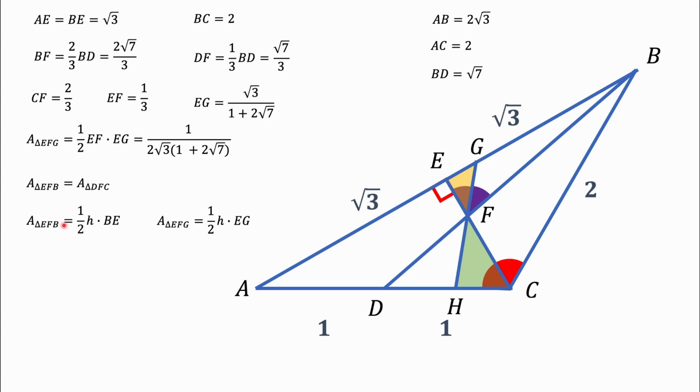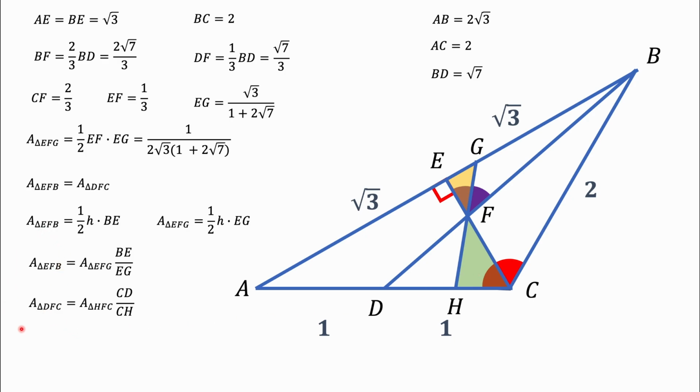And now we're going to divide one of these formulas by the other one. In this case, we get rid of H. And we get an expression relating the area of triangle EFB and the yellow triangle EFG. In a similar way, applying the same logic, we can relate the area of DFC and the green triangle CFH.